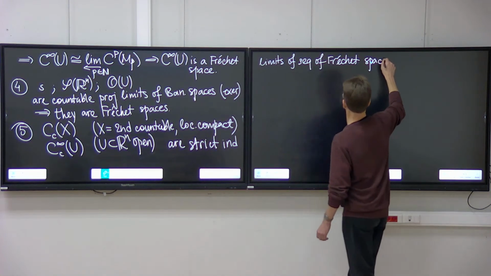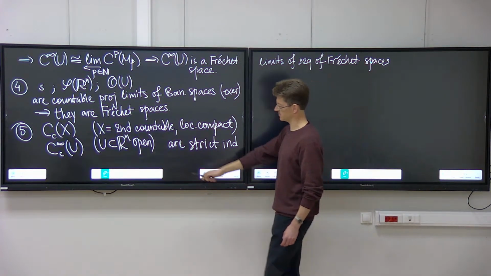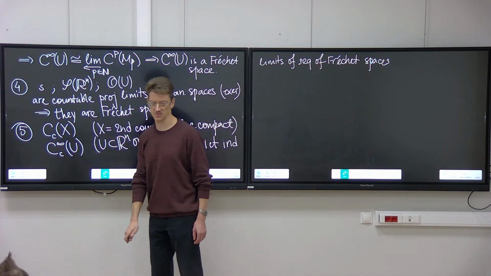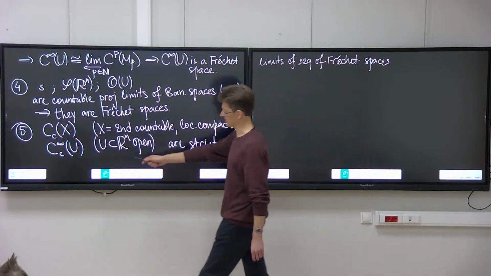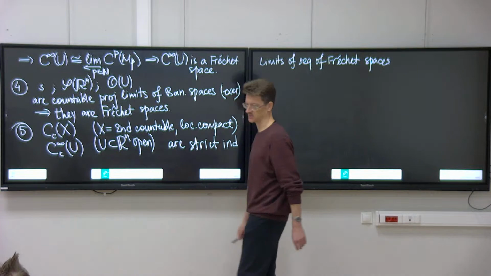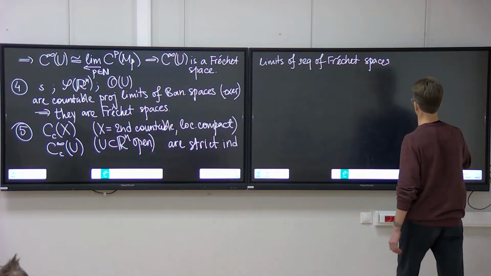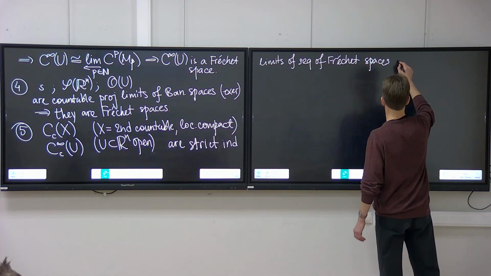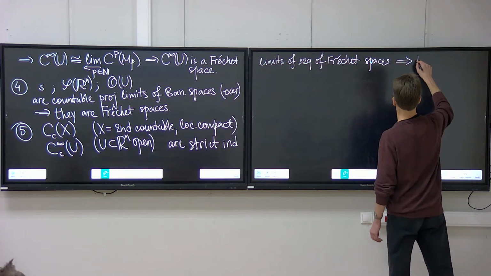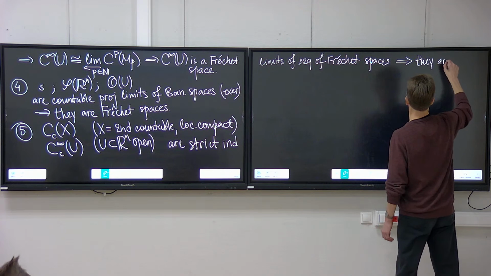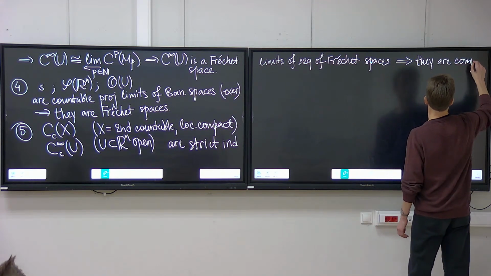This was discussed at the previous lecture. Actually, the first one, the space of continuous compactly supported functions, is a strict inductive limit of Banach spaces. And this one is a strict inductive limit of Fréchet spaces. Anyway, it follows from our general fact, which wasn't true so far, that they are complete.